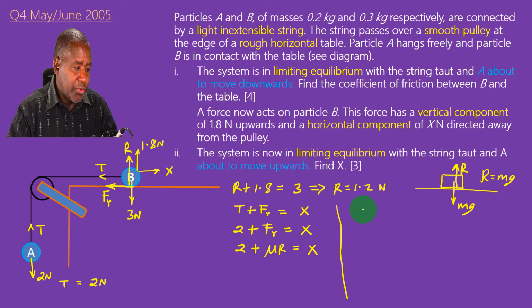Let's see. 2 plus mu, which is 2 over 3. We just worked out that from the last question.